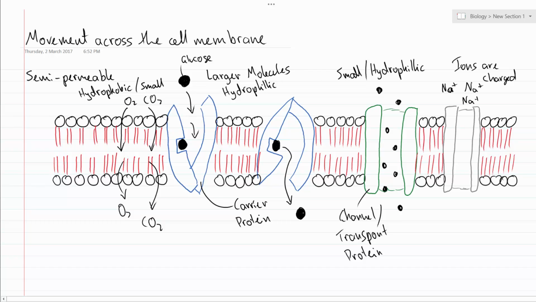The charge won't allow them. So once again, what they're going to need is a channel type protein, and then these ions can make their way through the center of the protein. They're not having to push their way through the phospholipid bilayer and can make their way into or out of the cell.